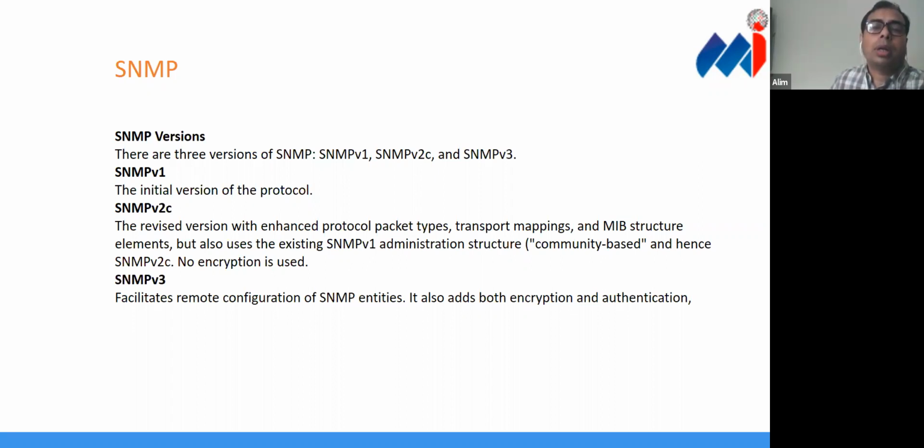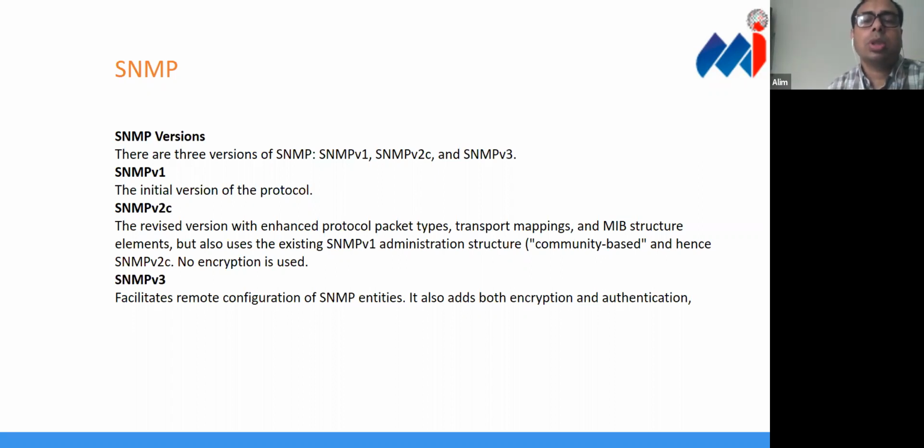Version 1 is a very old version, the initial version. Version 2c is still in use, and version 3 is the latest version. But to make our network secure, we should use SNMP version 3 only.